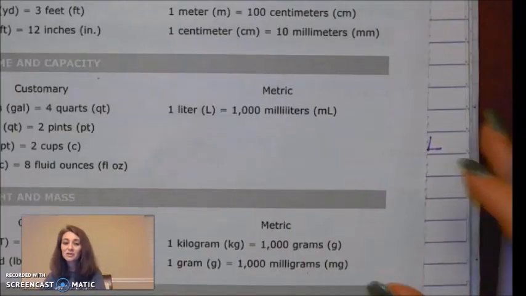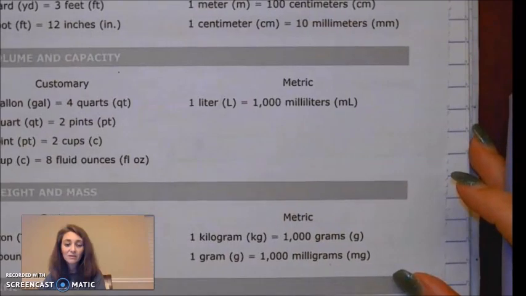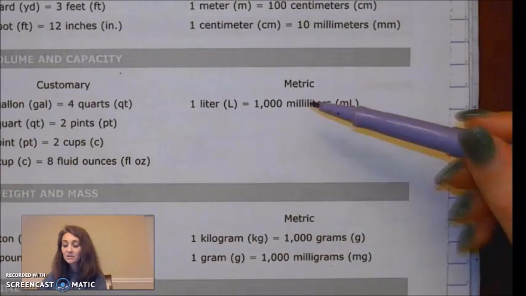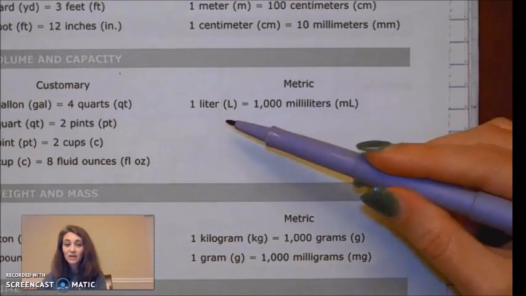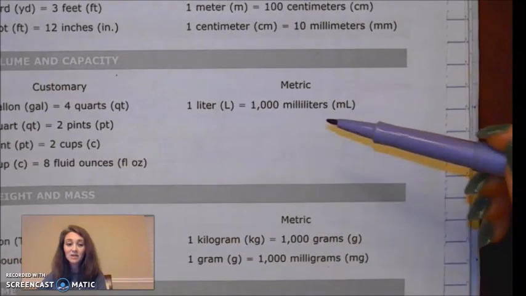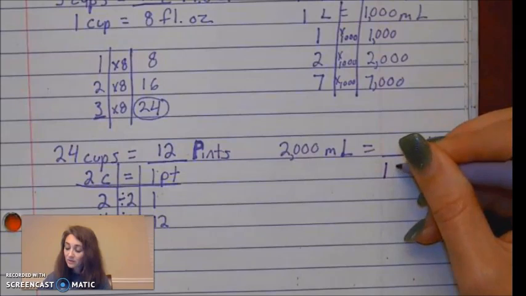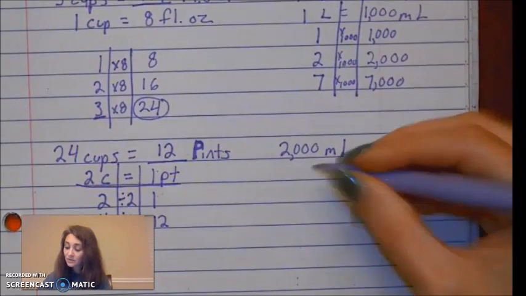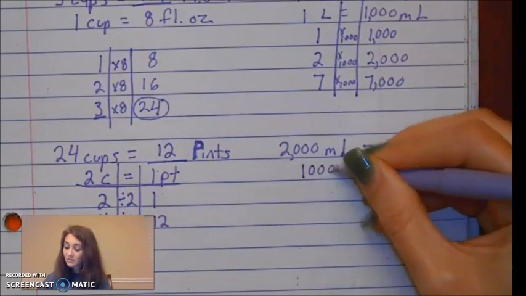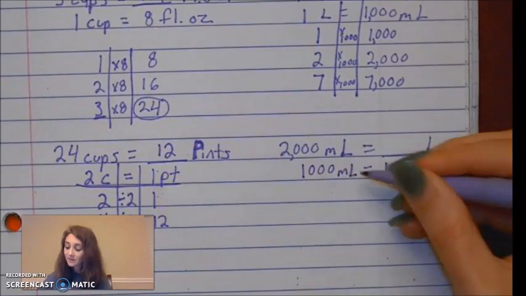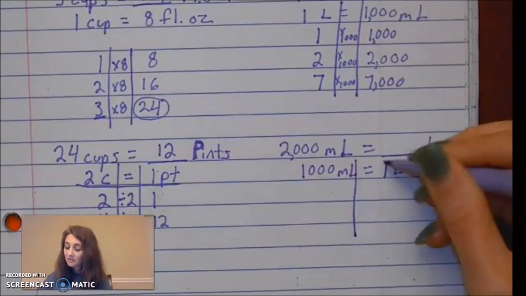I also call it reference material. I'm sorry I'm going back and forth on you like that, guys. If I look at this, I see 1 liter equals 1,000 milliliters. Okay, liters on this side, 1 liter equals 1,000 milliliters. All right, make my chart.